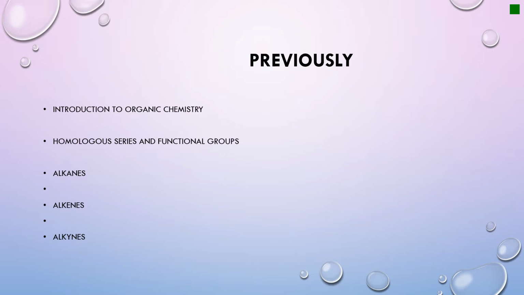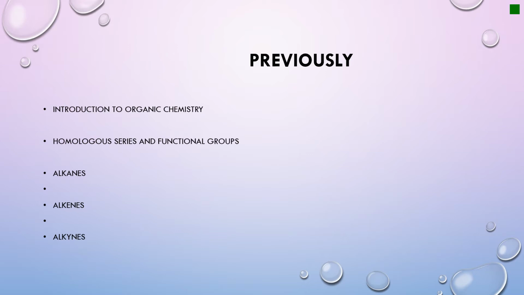We have also talked about the homologous series, which is defined as a series of organic compounds which have the same functional groups but differ in a repeating unit, CH2, called methylene.